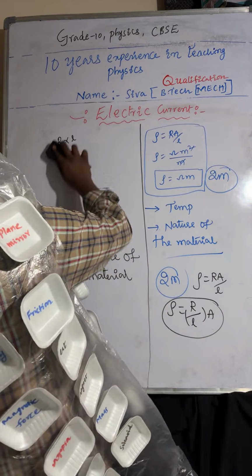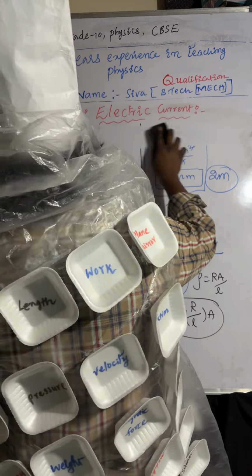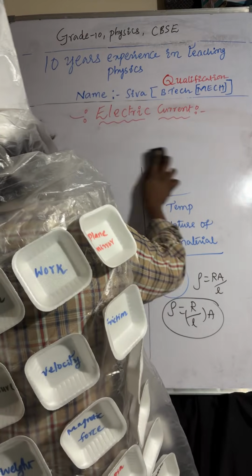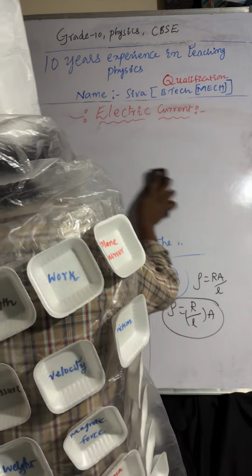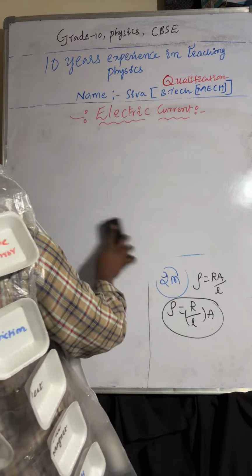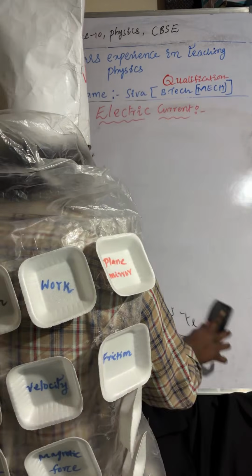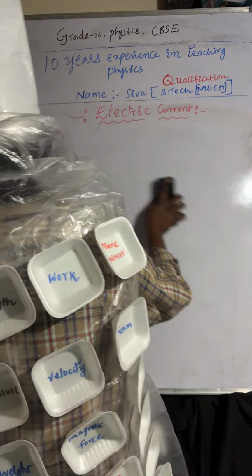So resistance depends on length and area of the cross section. Resistivity does not depend on length and area of the cross section. Resistance depends on temperature. Resistivity also depends on temperature. Resistance depends on nature of the material. Resistivity also depends on nature of the material.